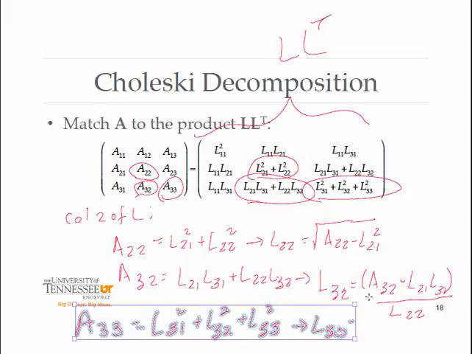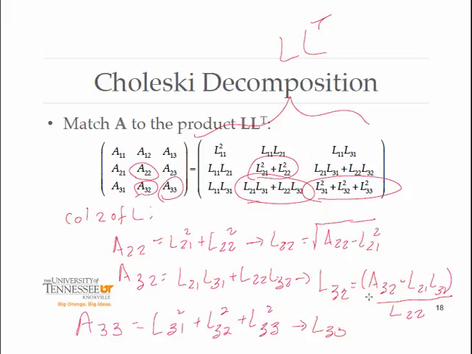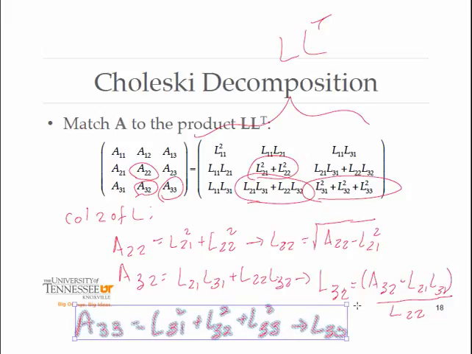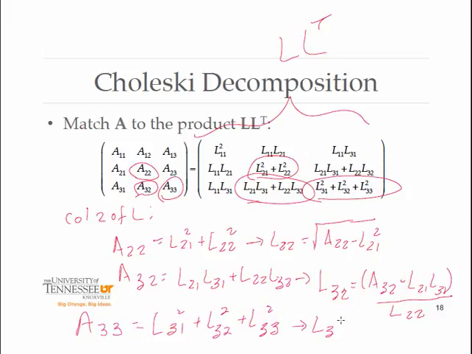It would be simply the square root of A33 minus these other squares, L31 squared minus L32 squared. Maybe I can move this up here just so we can see it.